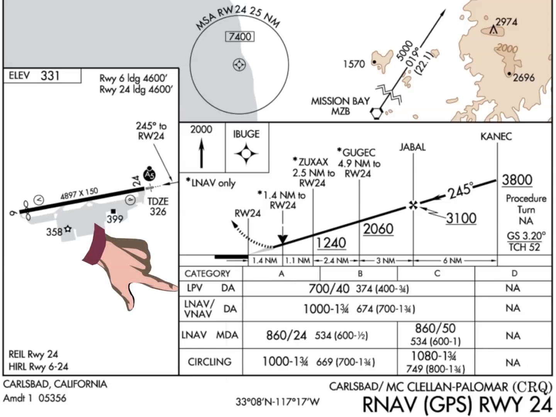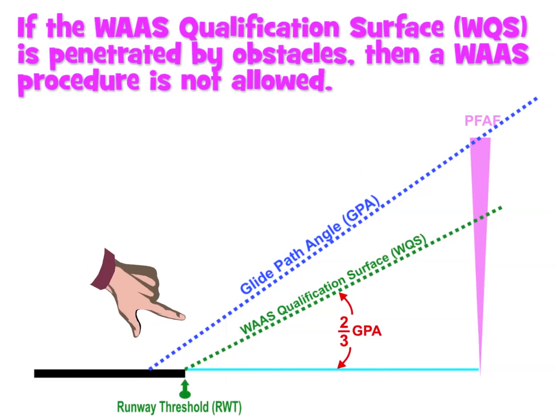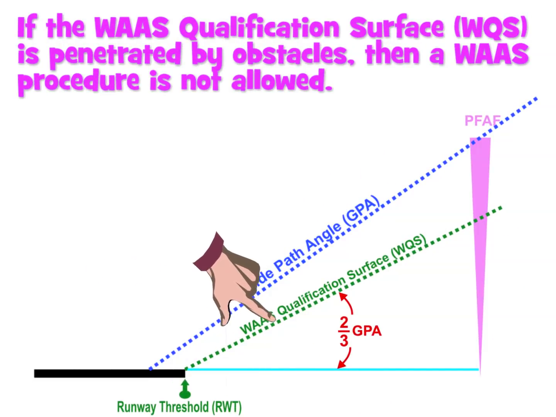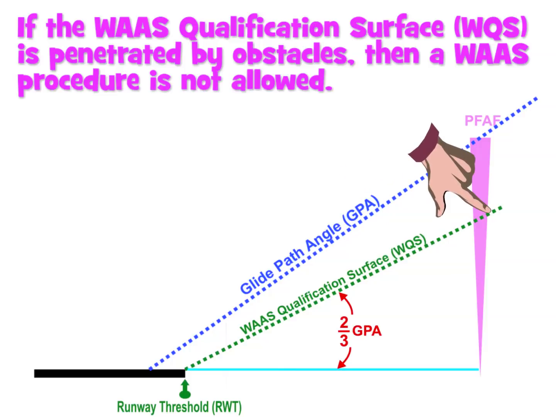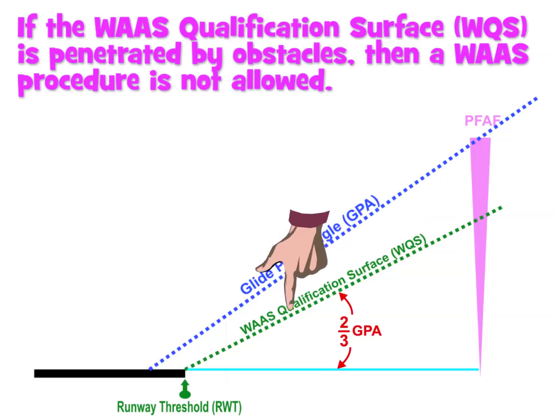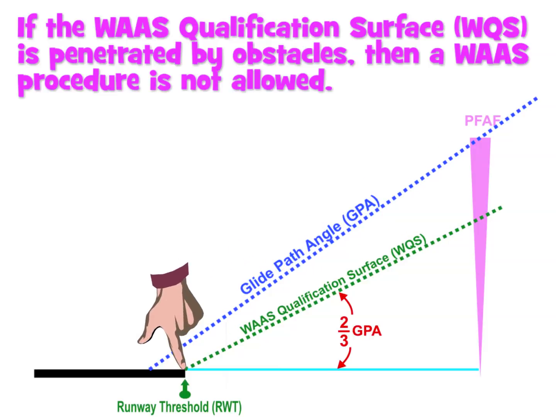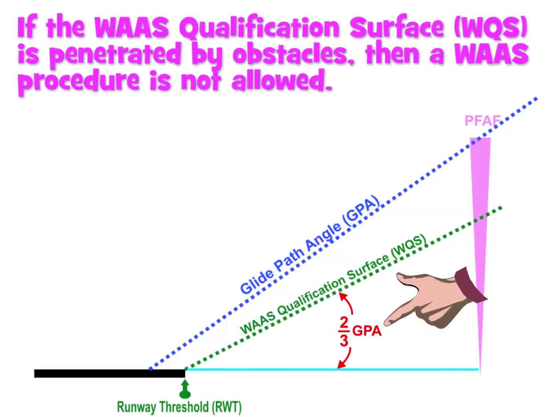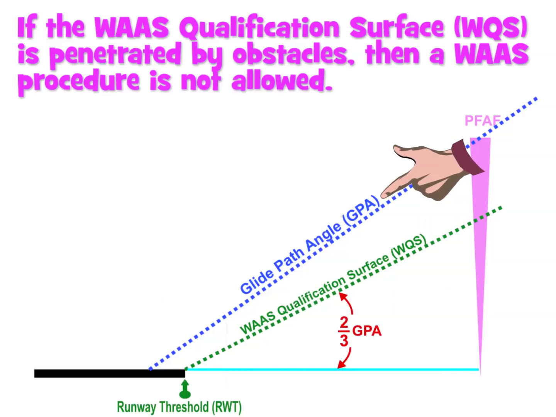It turns out that WAAS-based approaches, those having either LPV, LNAV/VNAV, or LP minimums, can only be established if there are no obstacles penetrating the WAAS Qualification Surface, otherwise known as the WQS. The WQS is a slope beginning at the runway threshold and angled upward an amount equal to 2/3 of the glide path angle, the VDA.